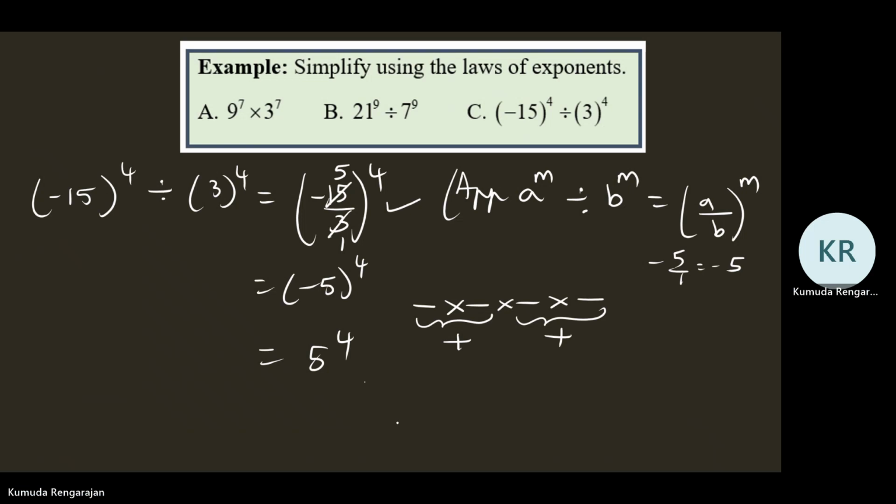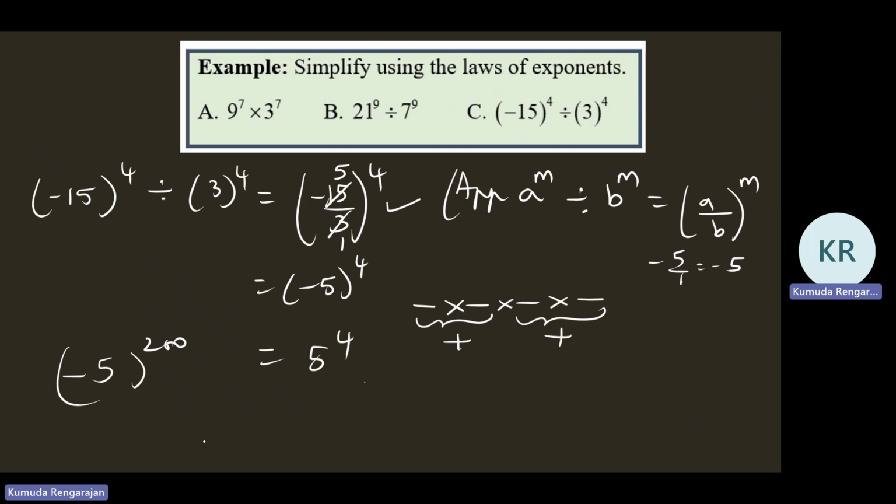That means if the power is even, minus will happen an even number of times, so you can take it as plus. If it is minus 5 to the power 200, how many minus signs will you have? 200 minus signs, so you can pair them.